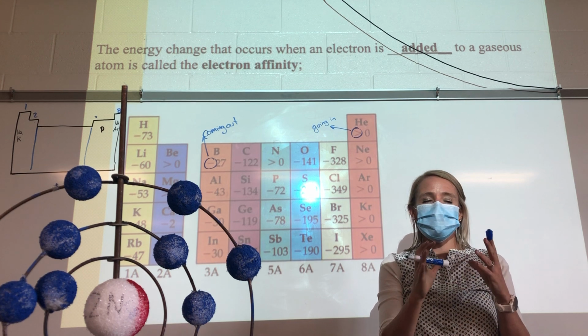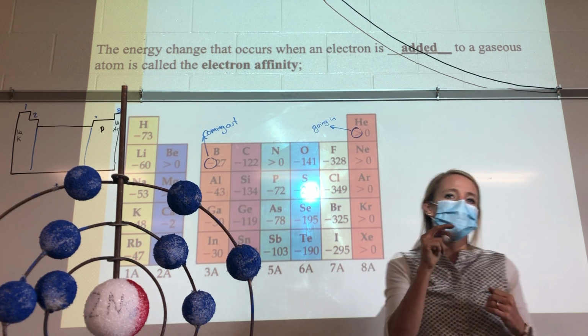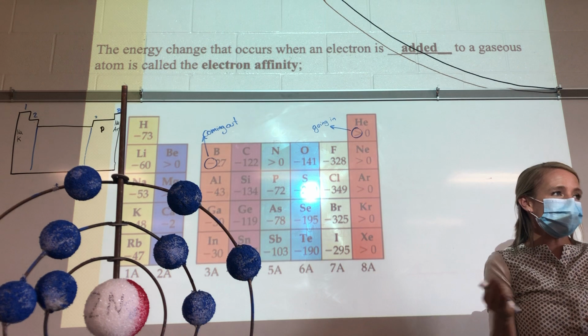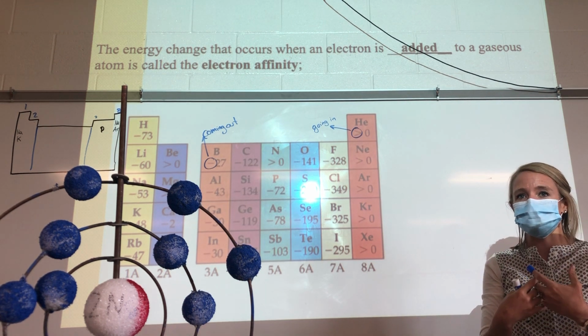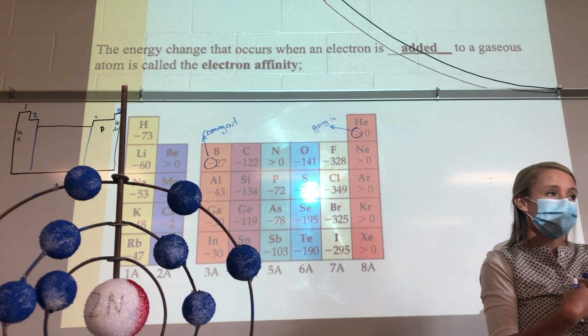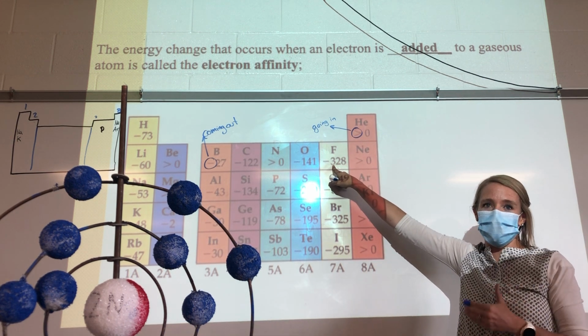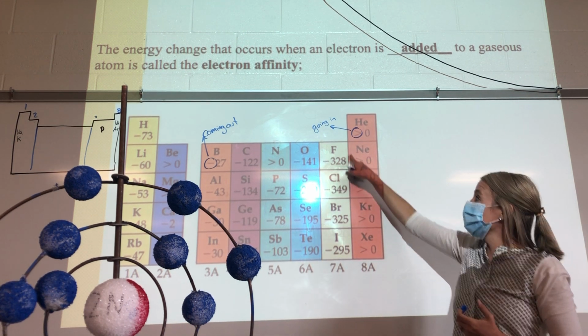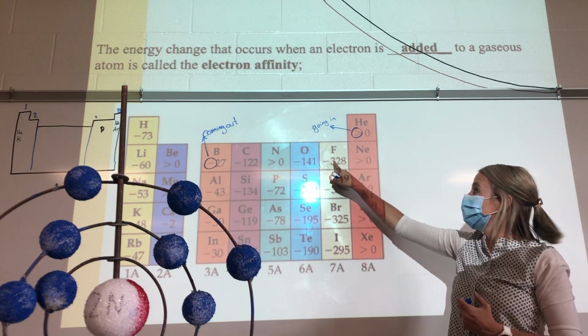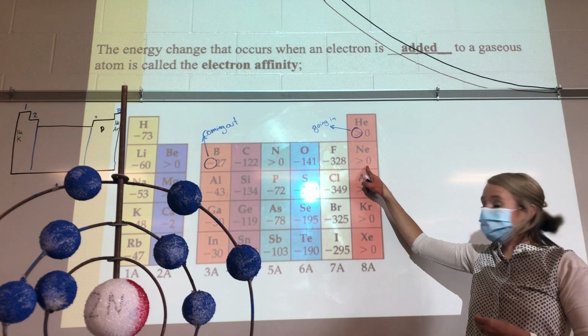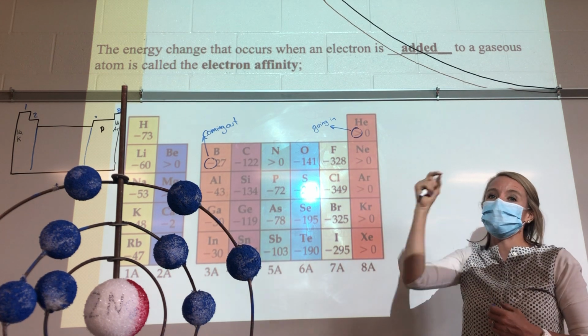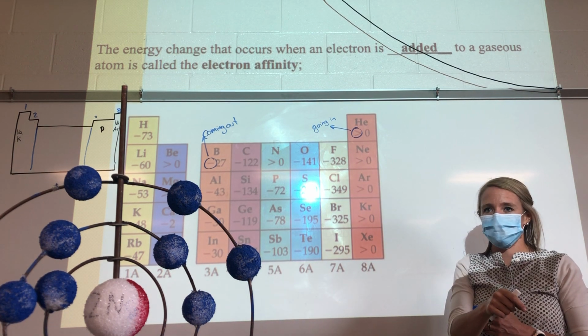So affinity is a little weird because of this negative idea, but the more negative the affinity, the more willing it is to take that electron, because in a sense it's paying you when you give it. And the more it pays me, the happier it is. So fluorine is really happy when I give it an electron, so it pays me a lot of energy. Neon doesn't want an electron. I have to pay it to take an electron.